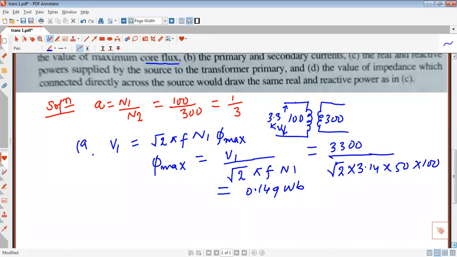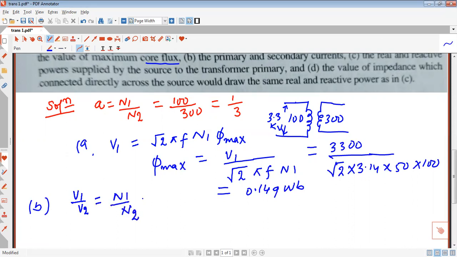Primary and secondary current. In the second part, we have to calculate the primary and secondary current. For part B, let us write the relation V1 divided by V2 equals N1 by N2.